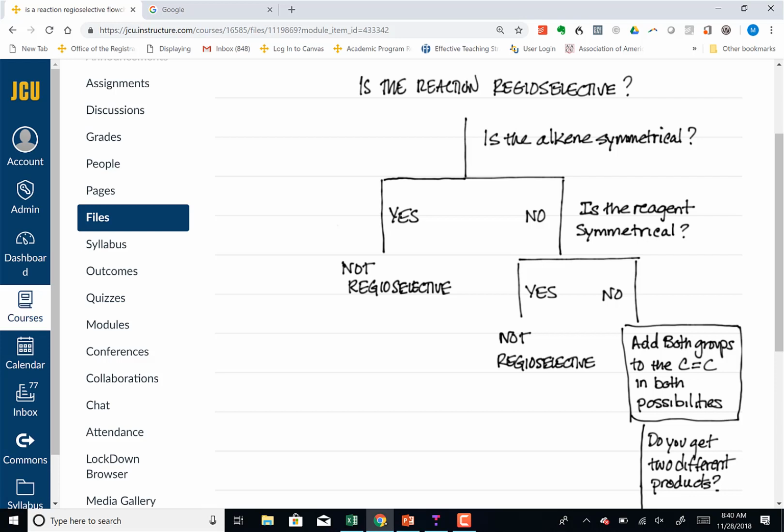There's no regioselectivity. That's what all those questions are. Is the alkene symmetric? If the answer is yes, you're done. Is the reagent symmetrical? If the answer is yes, you're done. No, it's not regioselective.